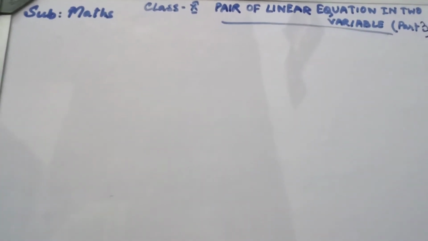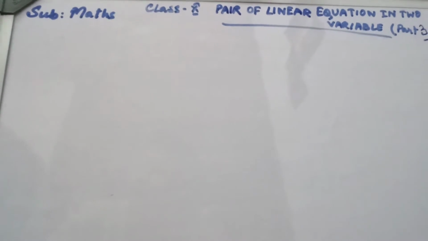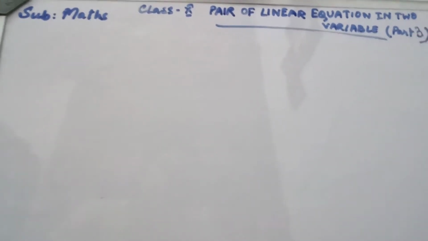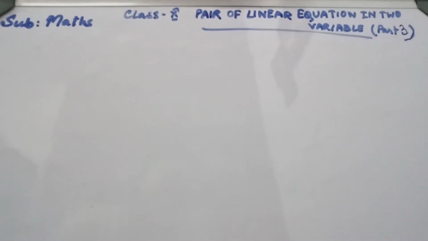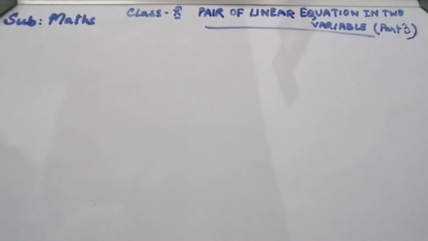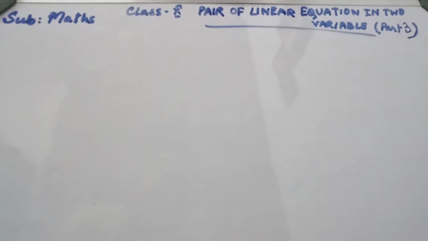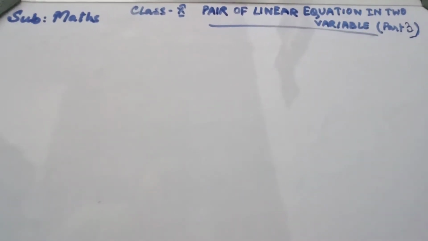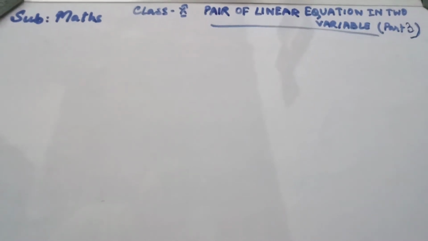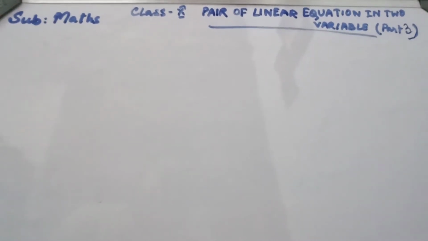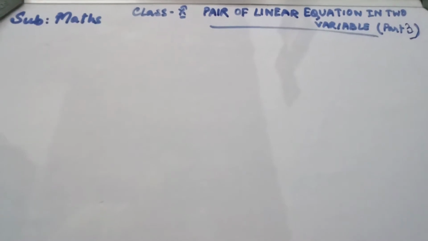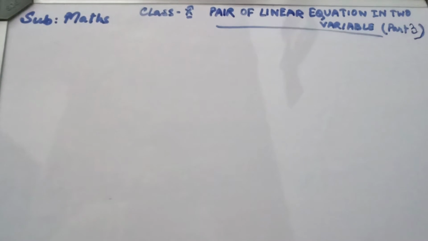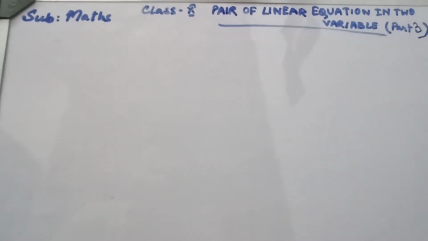Okay. Now what was the substitution method? Substitution method was we used to make one variable as subject of the formula, and whatever formula we were getting, we used to implant in the second equation, and hence we used to get the value of one variable, and again that value we used to substitute in the previous equation.